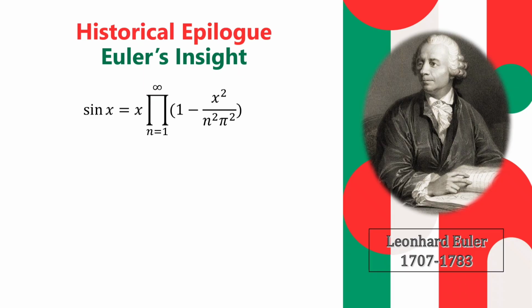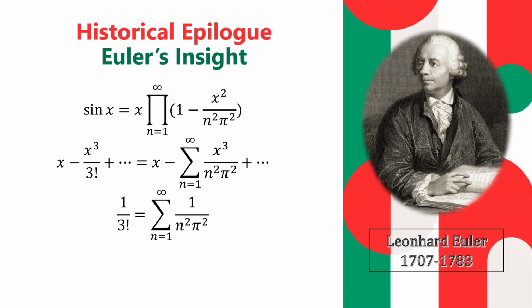Utilizing this product, we can break down the expression into Taylor series components, where sine x is represented as x minus x cubed over 3 factorial, plus the terms that continue within the Taylor series expansion, and the product can be represented as x minus the sum from 1 to infinity of x cubed over n squared times pi squared, plus the terms that continue afterwards.